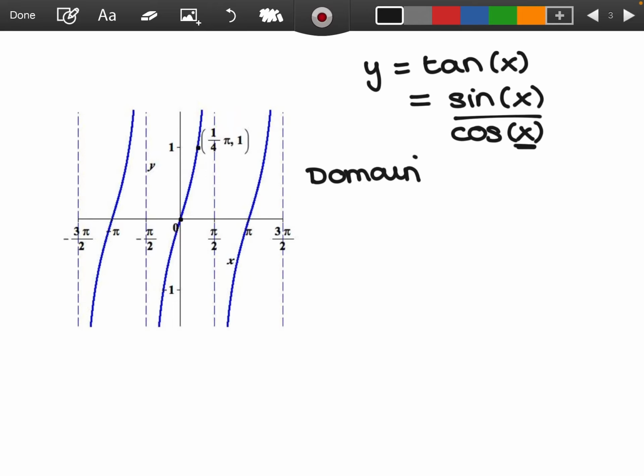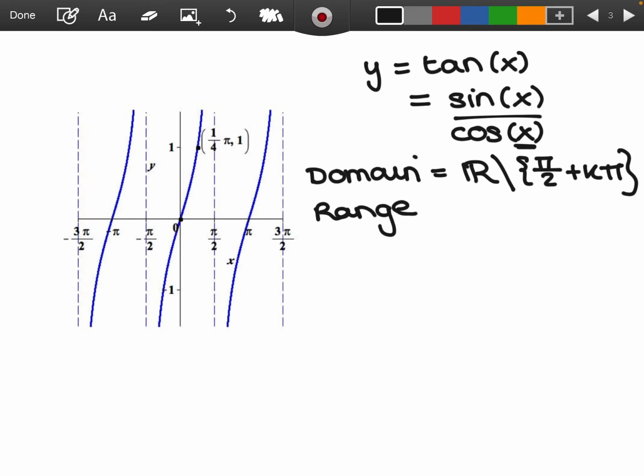At every odd multiple of pi over 2, tan of that angle doesn't exist. So my domain is all real numbers, and then we're going to take out all of those odd multiples of pi over 2, written exactly the same way as before.